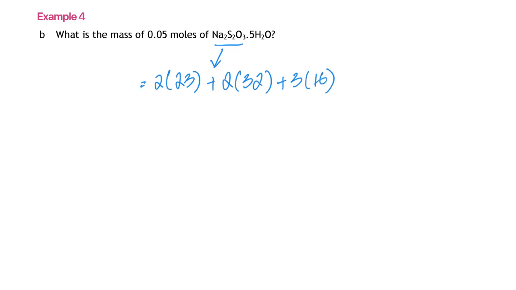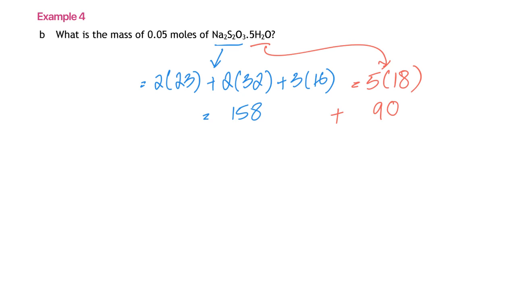And that comes out to 158, I believe. Whereas 5 H2Os are going to be 5 times 18, because 2 hydrogen and 1 oxygen make 18, and that is 90. I add these two values, 158 plus 90 is 248. That's my MR.